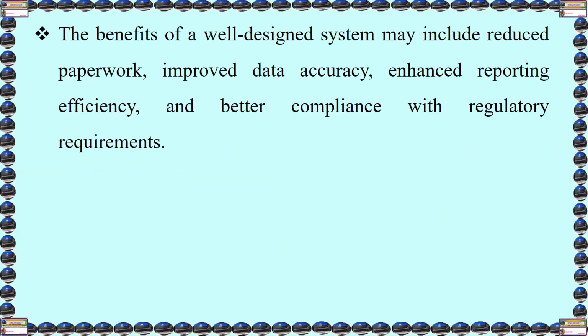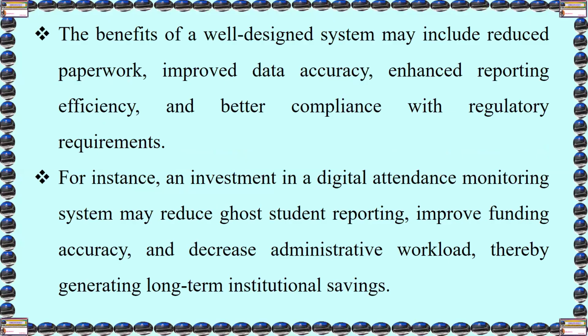The benefits of a well-designed system may include reduced paperwork, improved data accuracy, enhanced reporting efficiency, and better compliance with regulatory requirements. For instance, an investment in a digital attendance monitoring system may reduce ghost student reporting, improve funding accuracy, and decrease administrative workload, thereby generating long-term institutional savings.